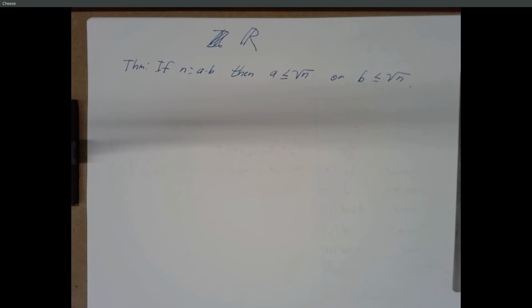Well, it's almost 6. It's definitely smaller than 7, because 7 squared is 49. And it's kind of like, if a gets bigger, then b gets smaller, right? And if a gets so big that it starts to be bigger than the square root, b has flipped over at that point and is less than the square root.